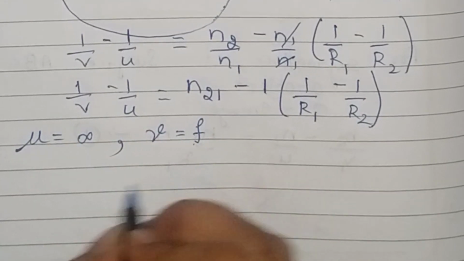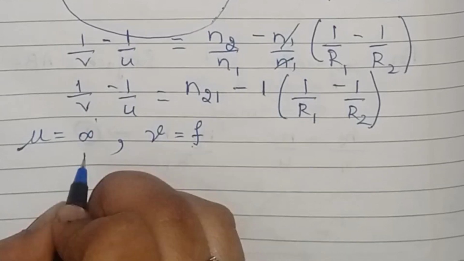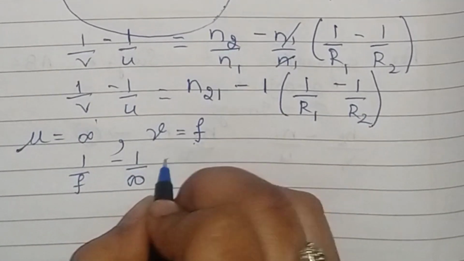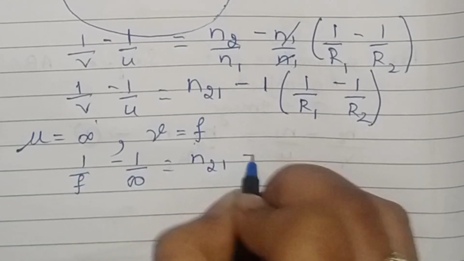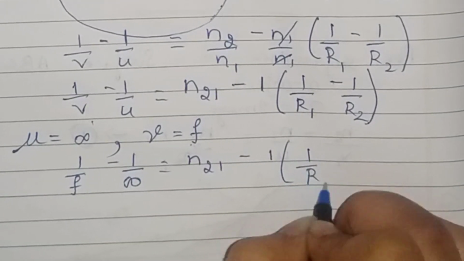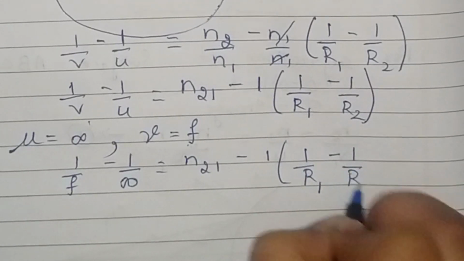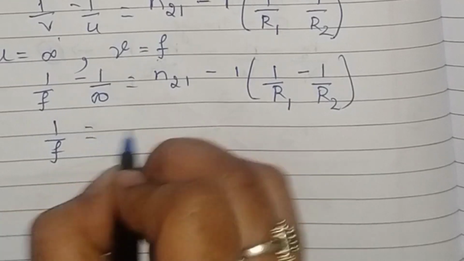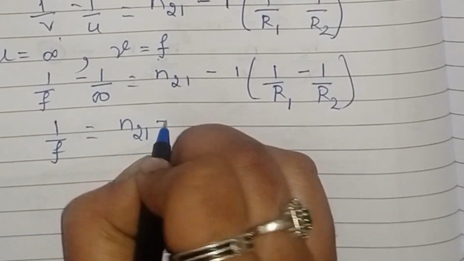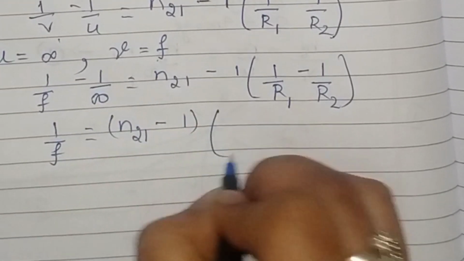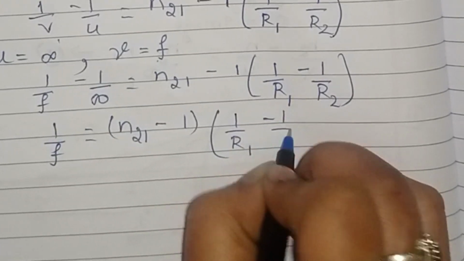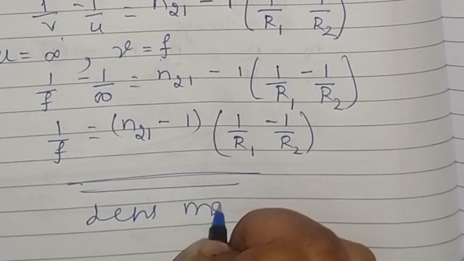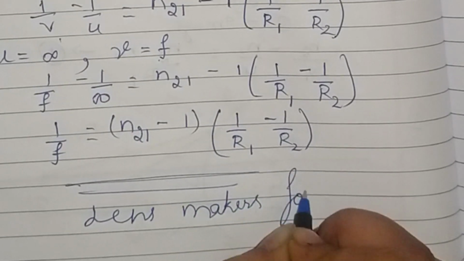So the equation is going to be 1 by f minus 1 by infinity. 1 by infinity is 0, which is equal to n2 by n1 minus 1 times 1 by r1 minus 1 by r2. So 1 by f is equal to n2 by n1 minus 1 times 1 by r1 minus 1 by r2. This is the lens maker's formula.